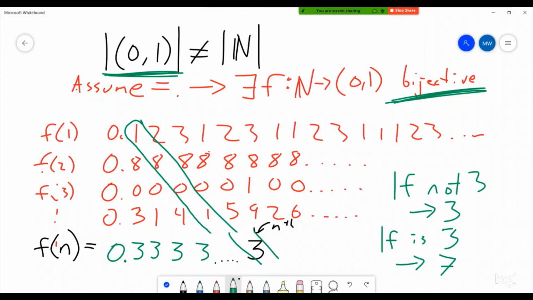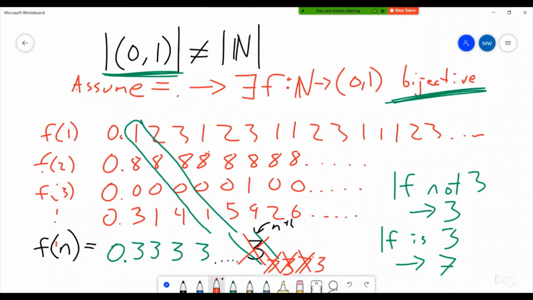Well, 3 is 3, so we are going to have to change that to a 7. So that has to now be a 7, but now it's a 7 in the spot on our diagonal, which is not a 3, so we have to change it back to a 3, and then back to a 7, and so on.